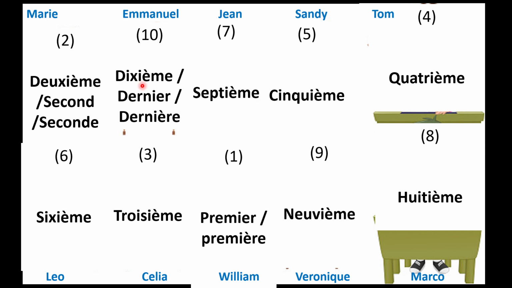Now if you're talking about the last person, in terms of first and last, not in terms of numbers, you will say dernier and dernière, masculine and feminine. Just like for first you have premier, première. If you want to say last, which in this case is the 10th, dernier and dernière. So I will quickly repeat all the ordinals and I want you to pause and say them.